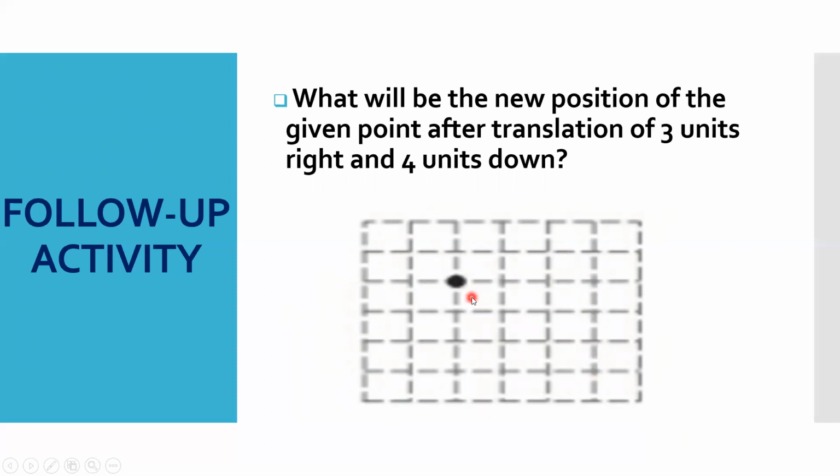Just translate this point first 3 units right. After that, from that point, translate 4 units down. Where will be the new position of this given point? That is the question. So draw it in your notebook, find the new position, and share it through ClassDojo, okay?